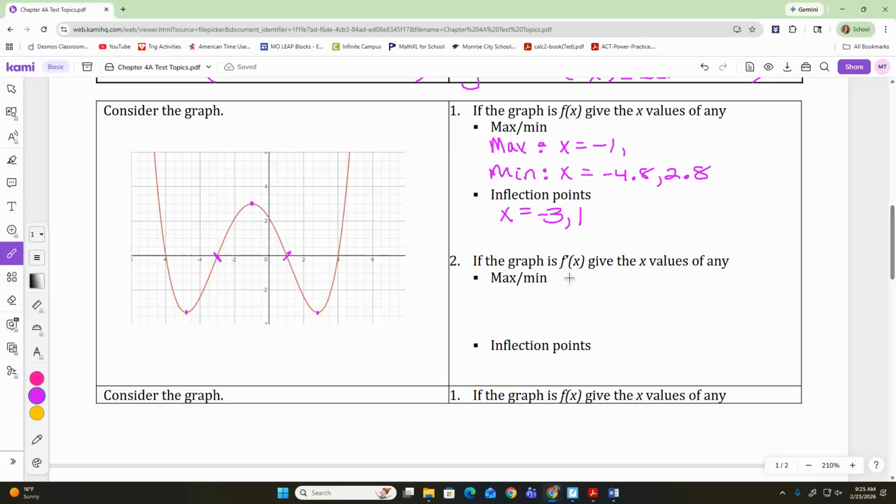If the graph is f prime, so I am looking at the derivative already, where would the maxes and mins happen? All right, think about this. When we find our maxes and mins, that happens at critical points, right? So when I'm looking at this, my critical points are anywhere this is 0 or undefined.